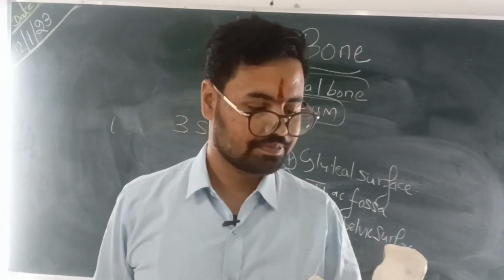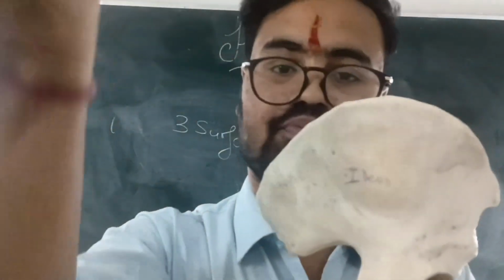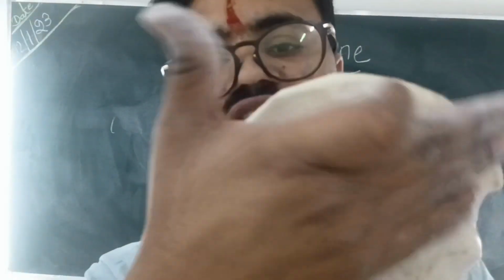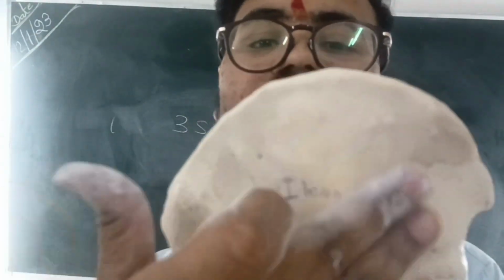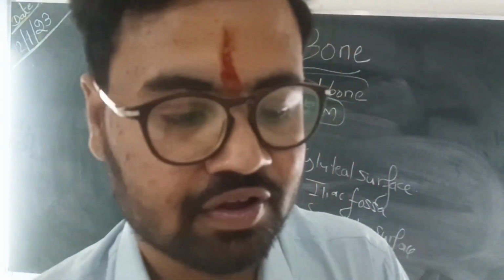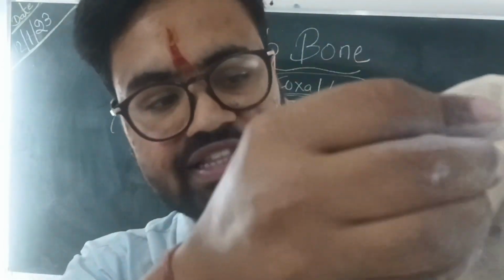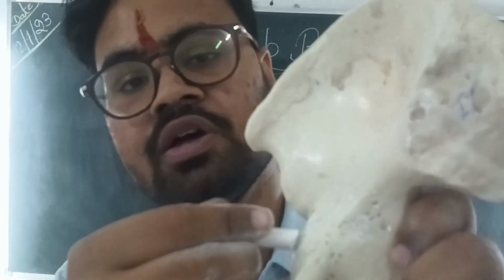Let me explain. See, this one is the gluteal surface. Posteriorly, this one is the posterior part of the ilium. The posterior surface is the gluteal surface. So this surface that you see, what do we call it? Gluteal surface. And above the medial border, this one is the medial border, which extends from the iliac crest to the iliopubic eminence.